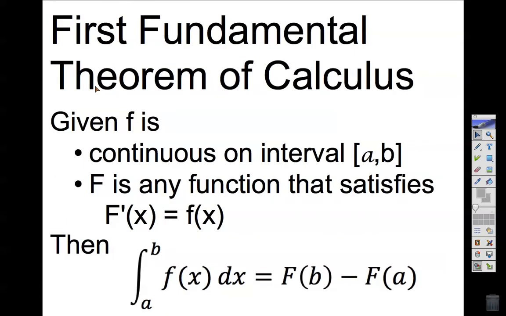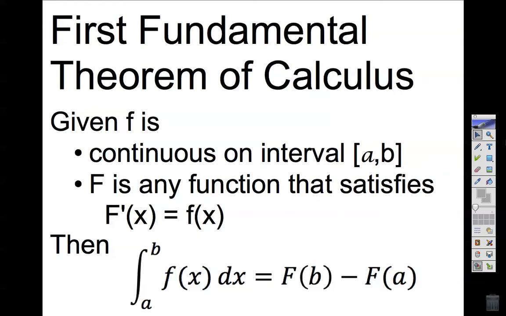The first fundamental theorem of calculus: we are given 2 things that we know about lowercase f. We know that it is continuous on a closed interval a to b. I don't care what happens before a, and I don't care what happens after b. The continuity needs to be literally in between a and b, both endpoints included.